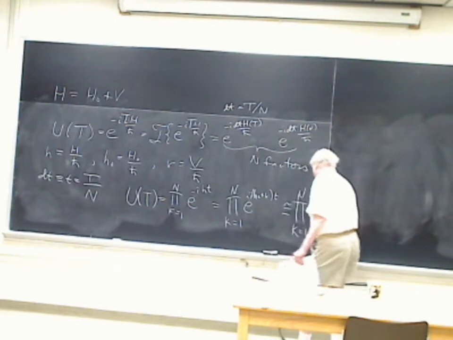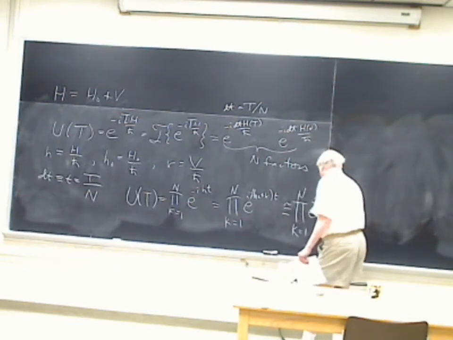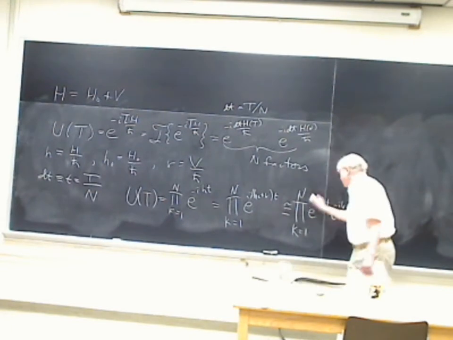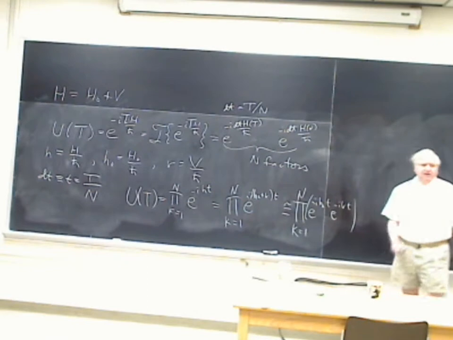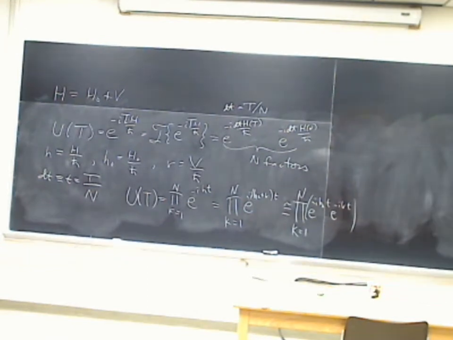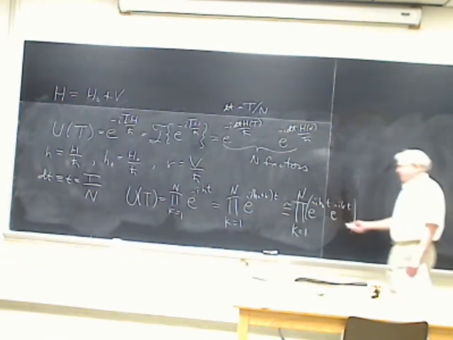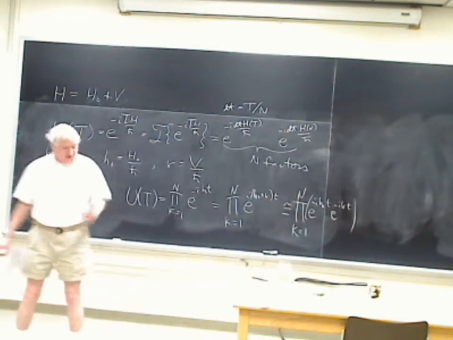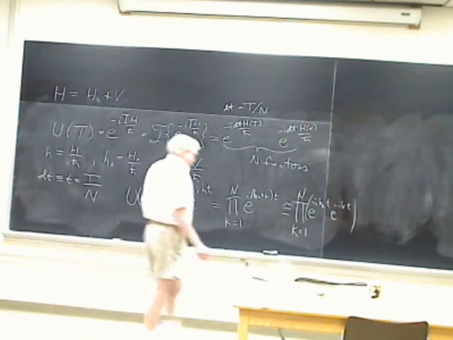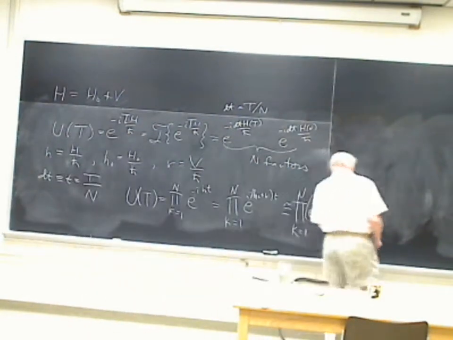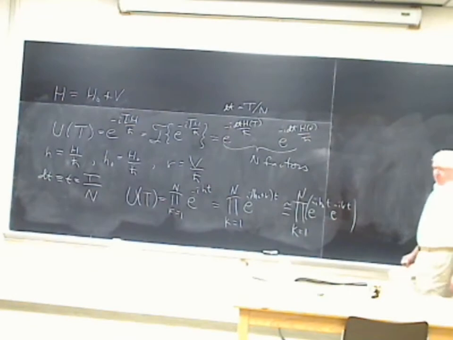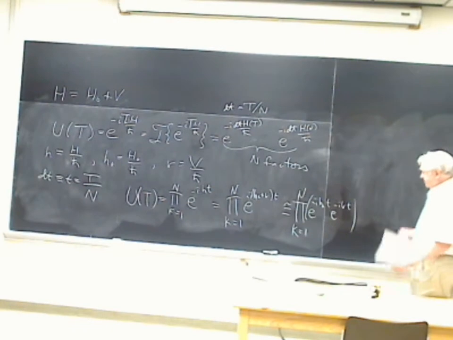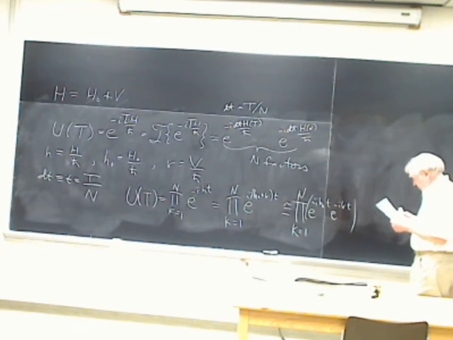In this infinite product, we can rewrite this as e to the minus i H0 t, e to the minus i V t, a product of factors like that. In other words, because t is so small, you can make this change. This is similar to what's done in the path integral formulation. In fact, this is the first step in deriving the normal path integral. But I'm not going to do path integrals today. I'll just do the interaction picture.